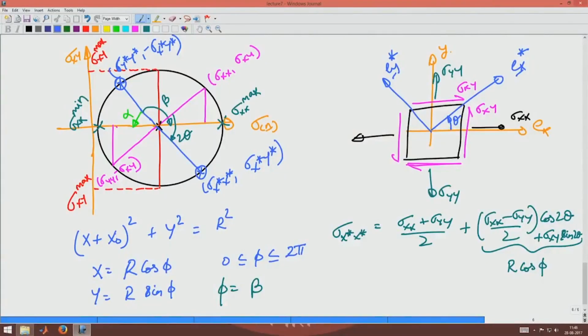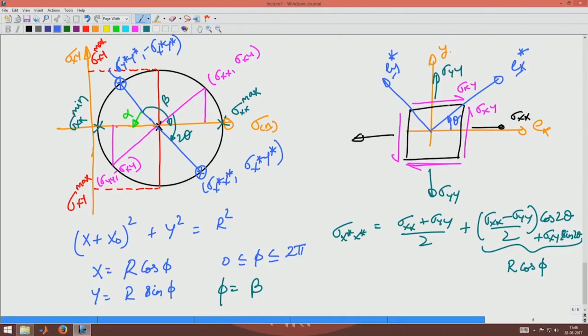So, what we have seen till now is how to find sigma xx max, sigma xx minimum, sigma xy max, and how to represent two stress states on the Mohr circle, wherein the coordinate system has been rotated by an angle theta in the anticlockwise sense. For this, if I were to represent sigma x star, sigma y star and sigma xy star, it will be like this.